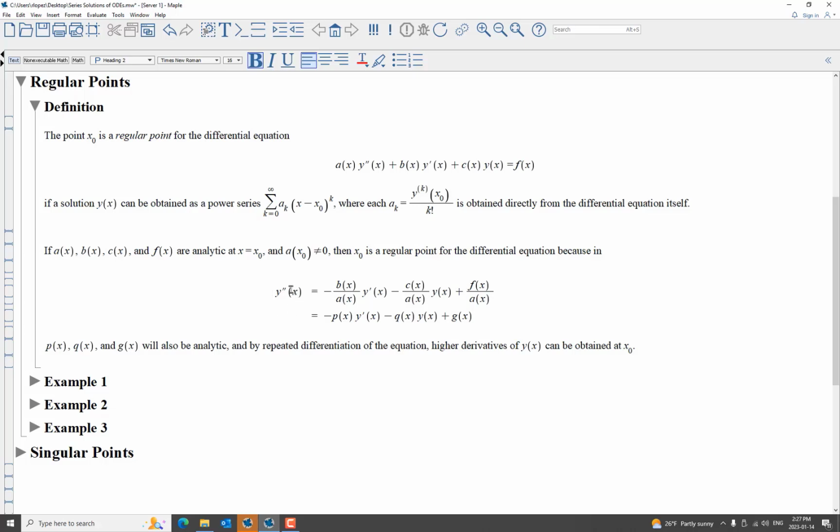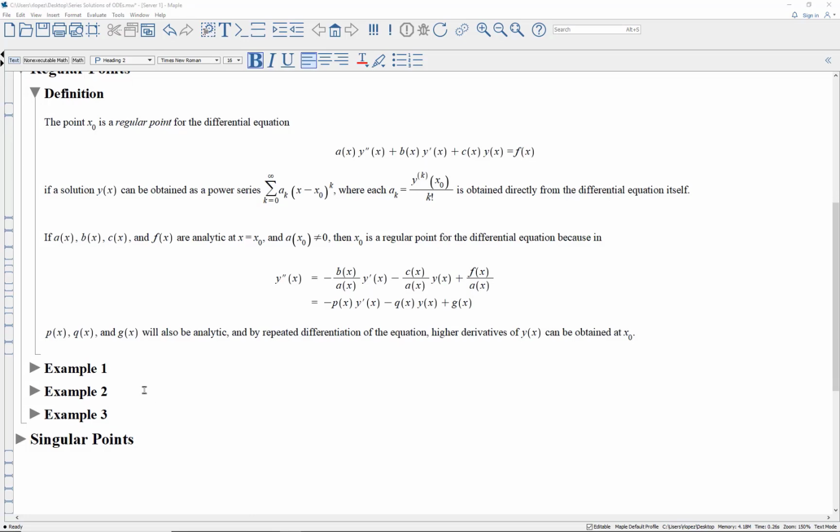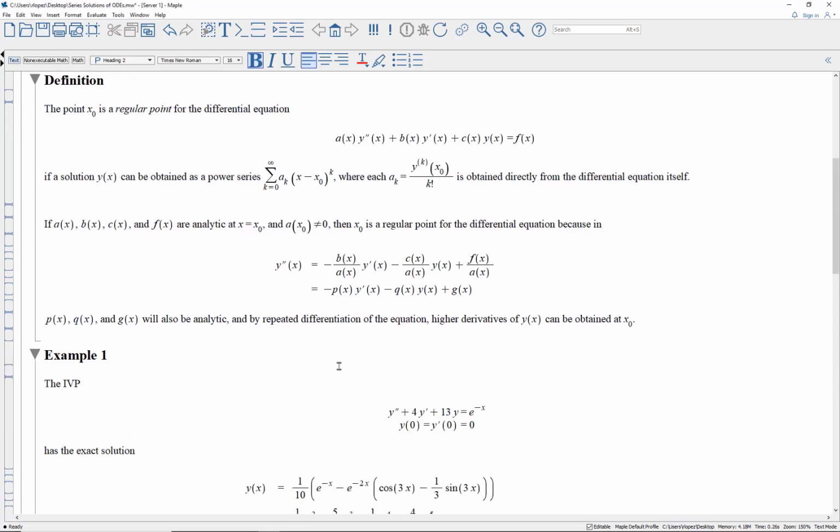Y double prime equals that. By repeated differentiation of this differential equation in this form, you can compute higher and higher derivatives, and therefore you can obtain the solution. That makes x naught a regular point. How about an example to illustrate what we're talking about?